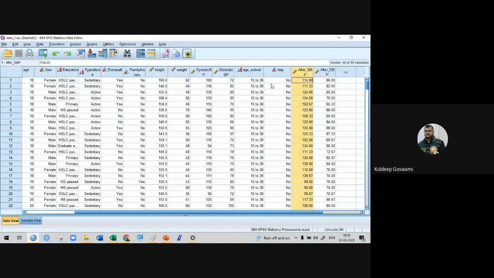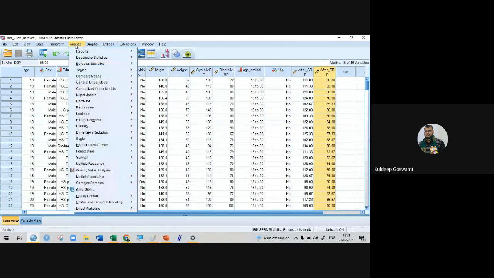One is called after SBP, meaning after getting some kind of drug, we are collecting data from the respondent, and also diastolic blood pressure. One is for systolic blood pressure, and the other is for diastolic blood pressure. We have initial systolic blood pressure, after-medication systolic blood pressure, initial diastolic blood pressure, and after getting the drug, diastolic blood pressure.